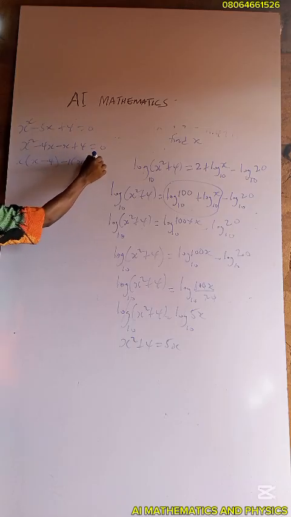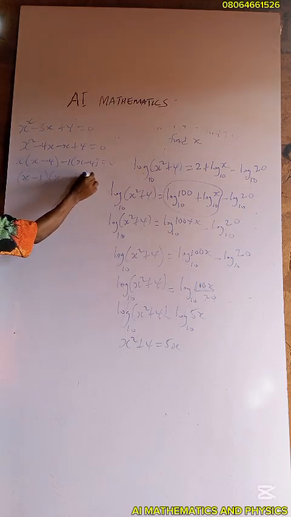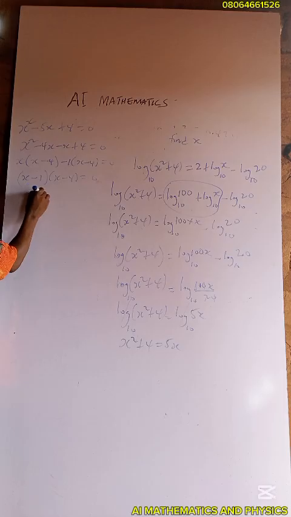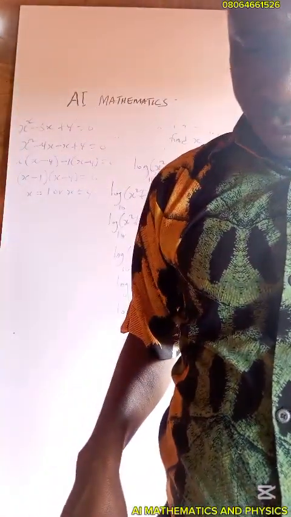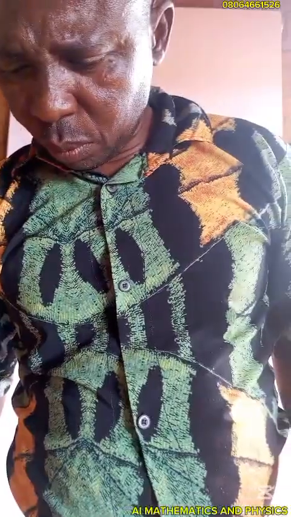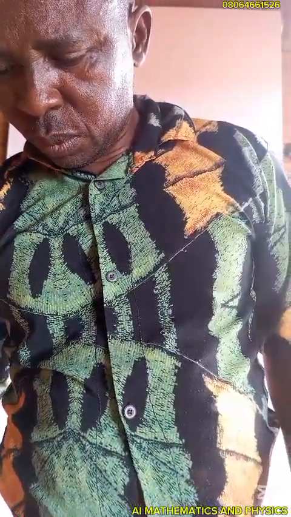So x minus 4 equal to 0. x minus 1 and x minus 4 equal to 0. x is equal to 1 or x is equal to 4. That is the answer.